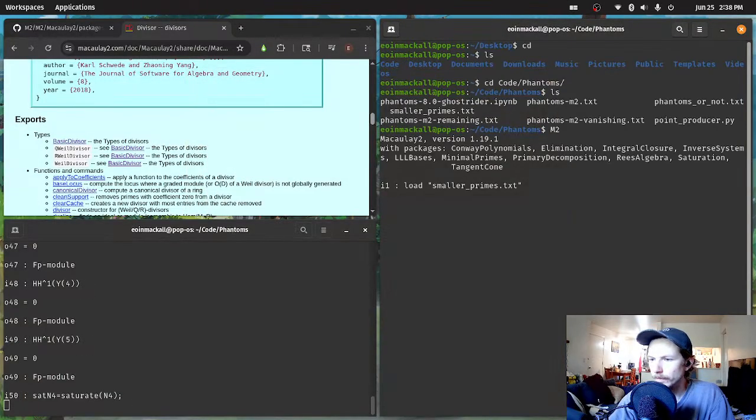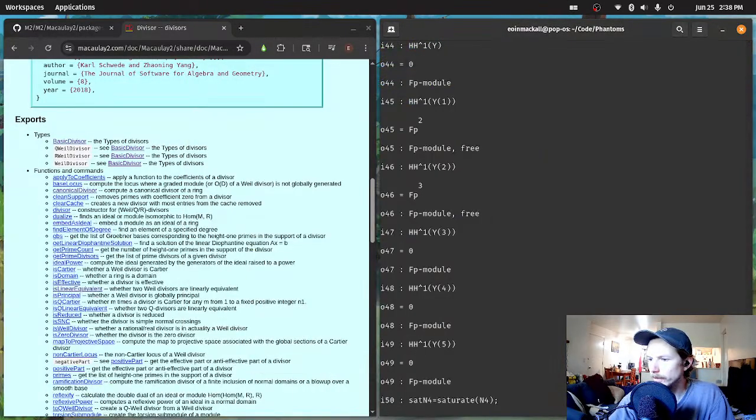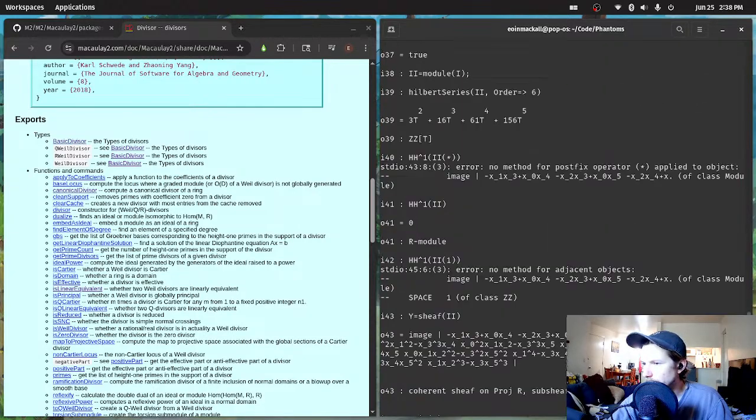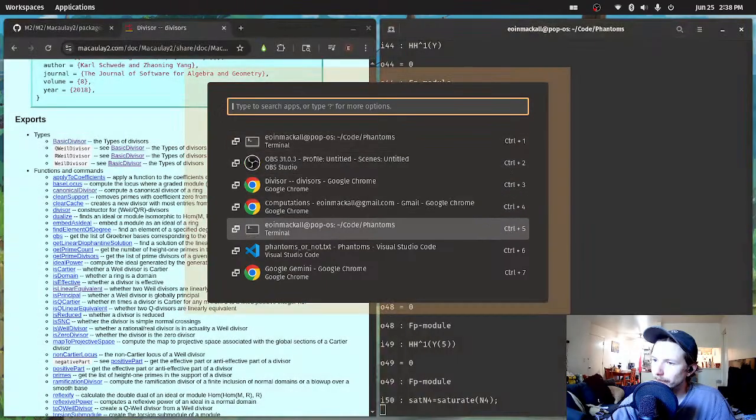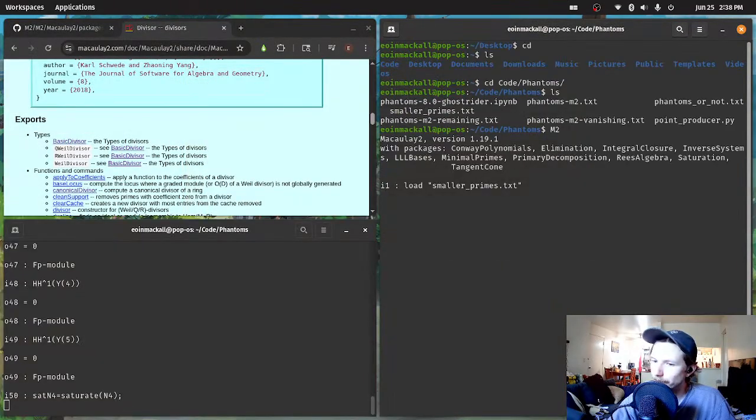Alright, check on the other one. That one's still ongoing. This one's still ongoing. I think that we could have made this go faster by computing a much smaller module. So we didn't have to compute the saturation of N4. I made this a huge thing, and the main step that's being locked down in this program is probably also a saturation of some module.